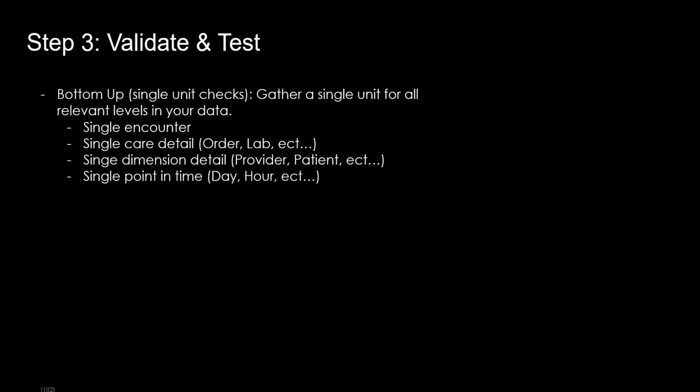Next is validate and test. We trust but verify. And I've got 2 different directions that we're going to do this for step 3. Number 1, bottoms up, okay? This is single unit checks, gathering a single unit from the relevant levels in your data, like a single encounter, single order, single provider, single day, and looking at, does it look right?